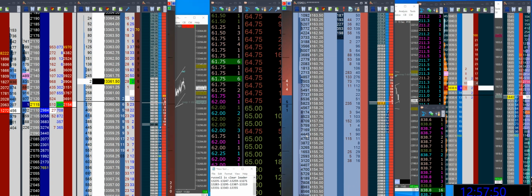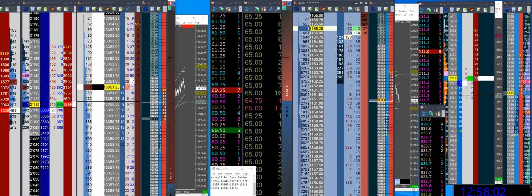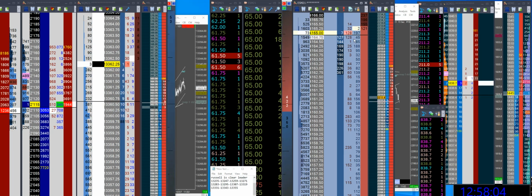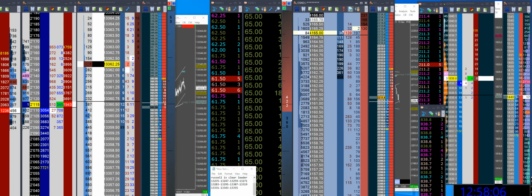So if you see some kind of absorption here and it only goes down 2-3 ticks, it tells you something. But then if you see any kind of absorption on the volume profile, that's another thing, because let's say we get to this level where we've had the most amount of trades throughout the day, that's another thing. So it's all about context and where this specific order flow nuance happens.